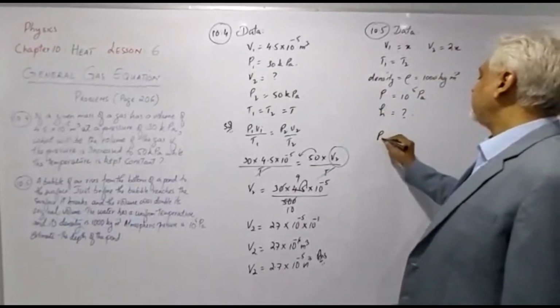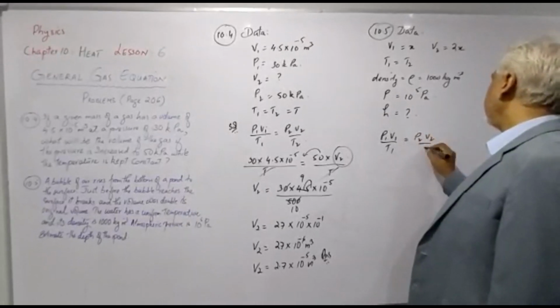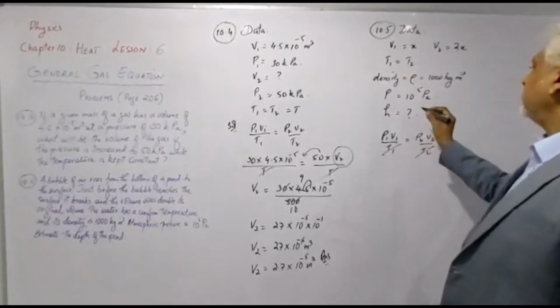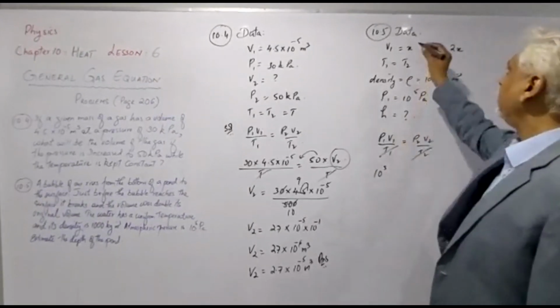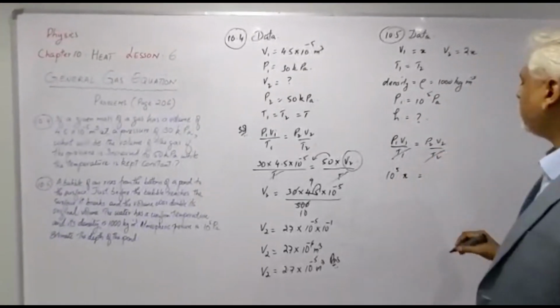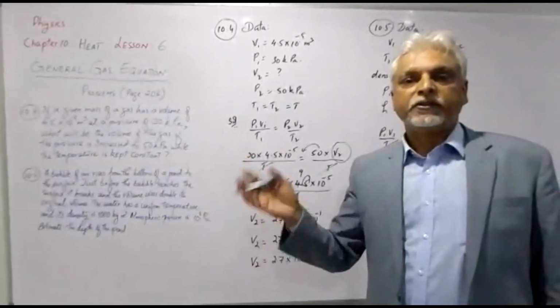Now, general gas equation: P1 V1 upon T1 is equal to P2 V2 upon T2. Since the temperature is the same, they'll cancel out. The pressure is given to you as 10 to the power of 5. Volume initially is X. What will be the final pressure? Now you know, according to Boyle's law, if the volume increases, the pressure decreases.